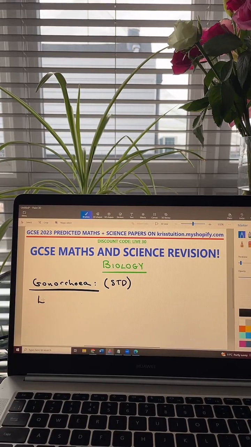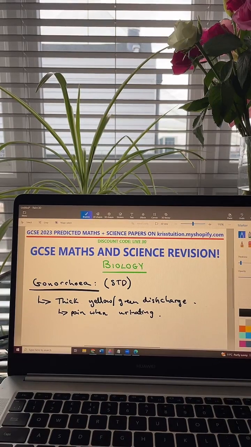In terms of symptoms, the first things that you would see, some of you may already know, you'd get a thick yellow-green discharge from your reproductive organs. Because of this, you might get pain when urinating as well.